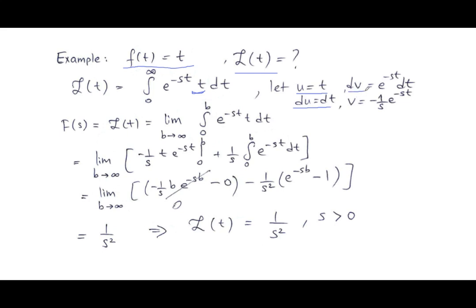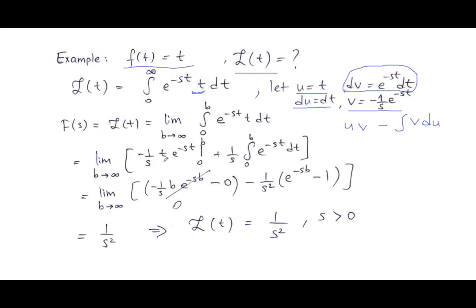And then the remaining expression here, we can solve for v, and v is obtained as minus 1 over s e to the power minus st. So if we apply the integration by parts formula, we have u times v minus the integral v times du. So in this formula, we just substitute these.